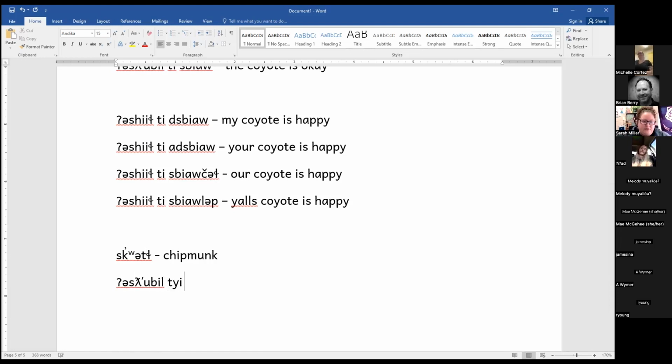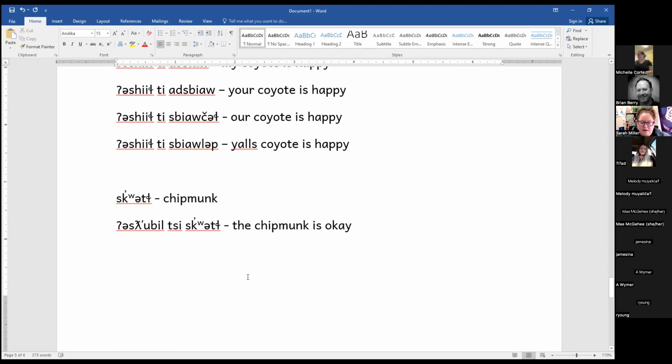So uskobial T squat. Allergies seem to be flaring up. So uskobial T squat. I'm actually going to make this C squat, she's female. So chipmunk. Uskobial seed squat, my chipmunk.